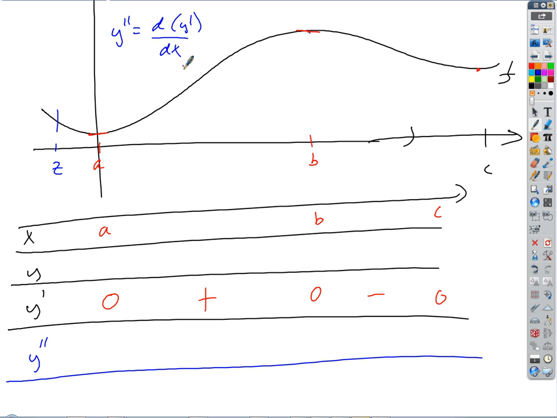I don't know if it's constant or not, but what I want to know is what's the sign? Is it increasing or decreasing for the first derivative? The first derivative, as we move from left to right starting at point Z? Well, it'd be negative, you know that.